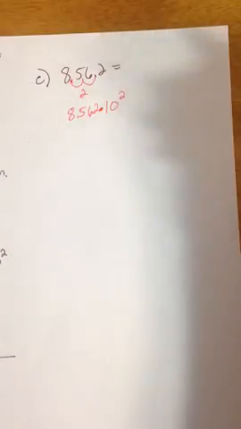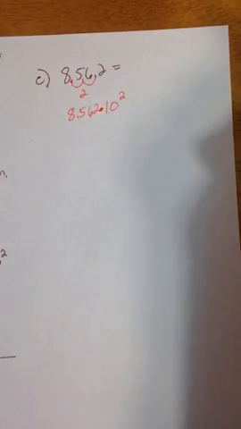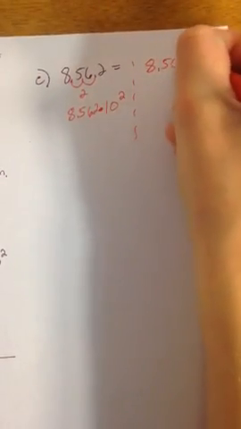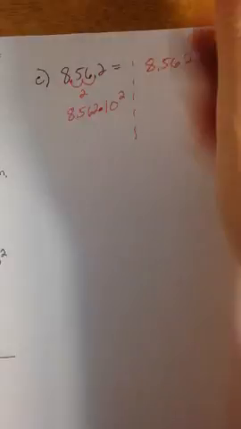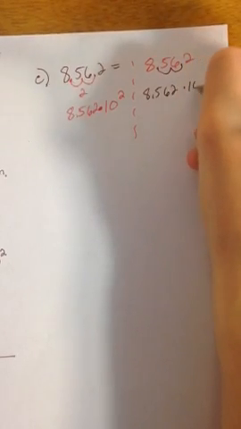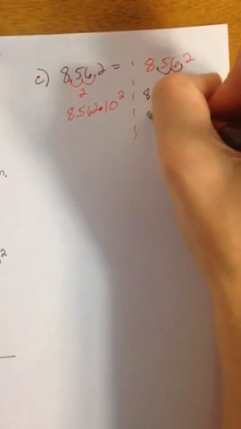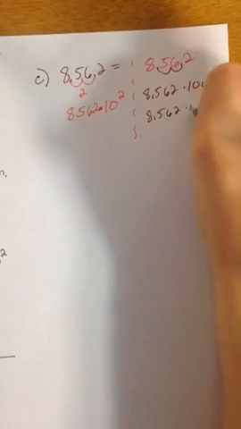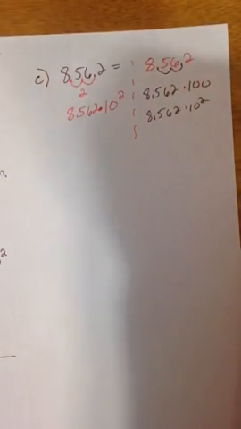Oops, sorry, that dot isn't very clear. Okay. And again, if you prefer to think of it as, I start with the decimal here and I move it 1, 2 spots. That's like saying 8.562 times 100 to get back to that number. So 8.562 times 10 squared. Okay.